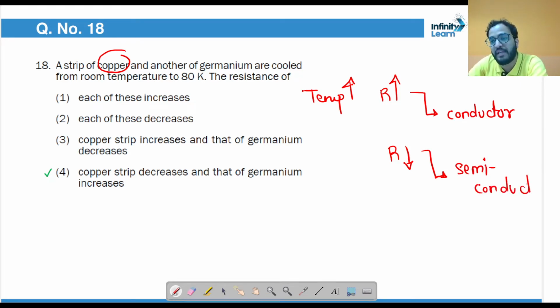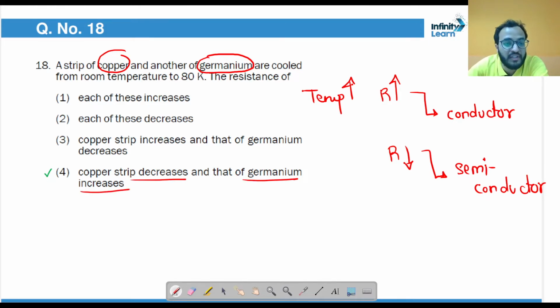Based on this logic, since germanium is a semiconductor, if you reduce the temperature, the resistance of the copper strip will decrease and that of germanium will increase. So instead of increasing, they're decreasing the temperature. Fantastic. If you reduce the temperature, resistance in a conductor reduces, but in a semiconductor increases. Got it?